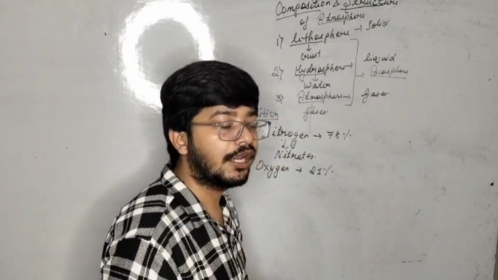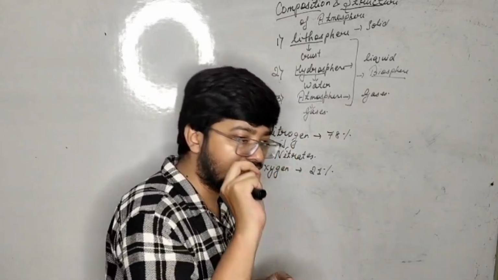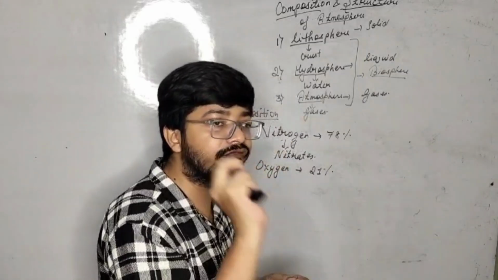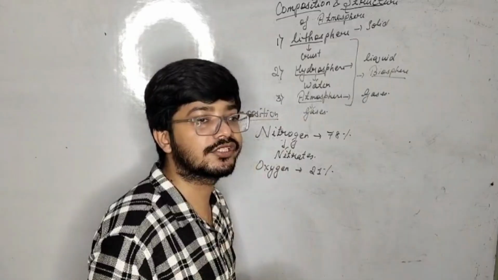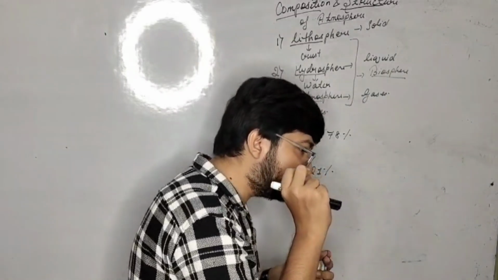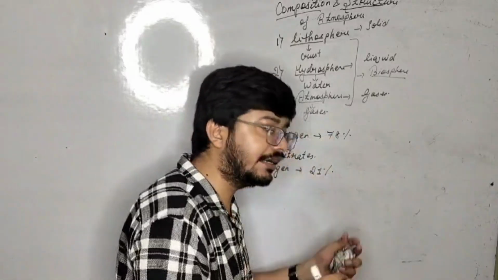Now we talk about the functions of the atmosphere. We all know that air occupies space and exerts pressure, and due to this pressure, it has physical contact with land and water. That is the first important function. The second important function is that the soil absorbs nitrogen due to this physical contact.